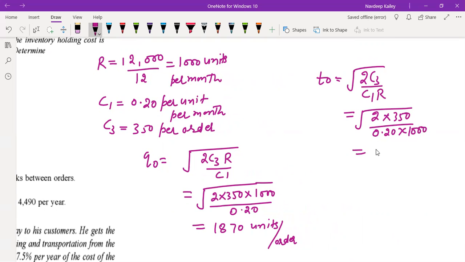After calculation, we will get 1.87 months.